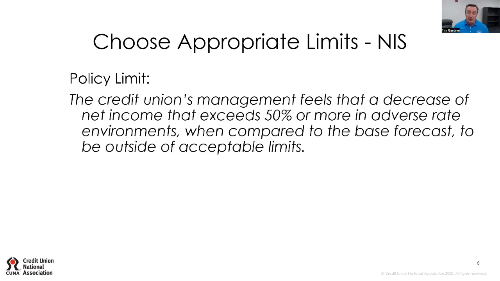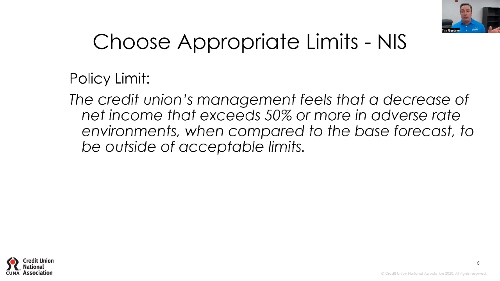So if net income is what we are evaluating, that means we're going to be looking at a net income simulation, NIS. If I have a policy that talks about a decrease in capital, that's where we're then going to look at net economic value, NEV.